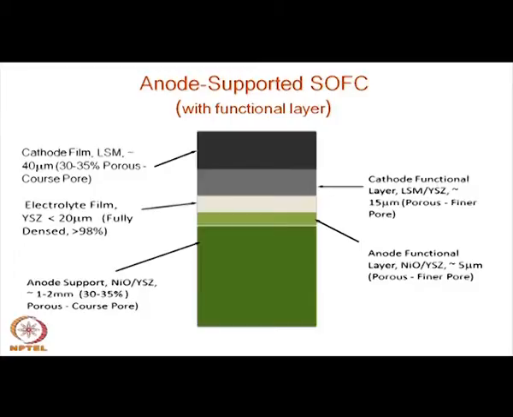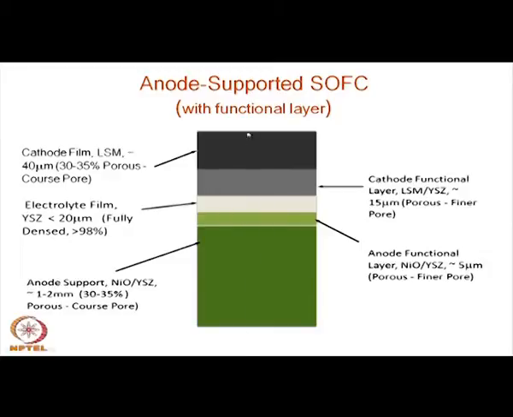Reaction sites will be there, but the gases will not be available, and therefore the current density will reduce. So, it is always better to have a gradient of pores, finer pores towards the electrolyte side and coarser pores away from the electrolyte side.